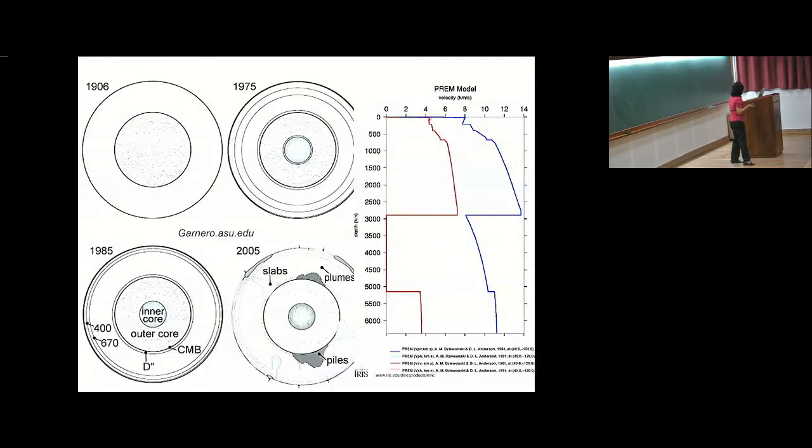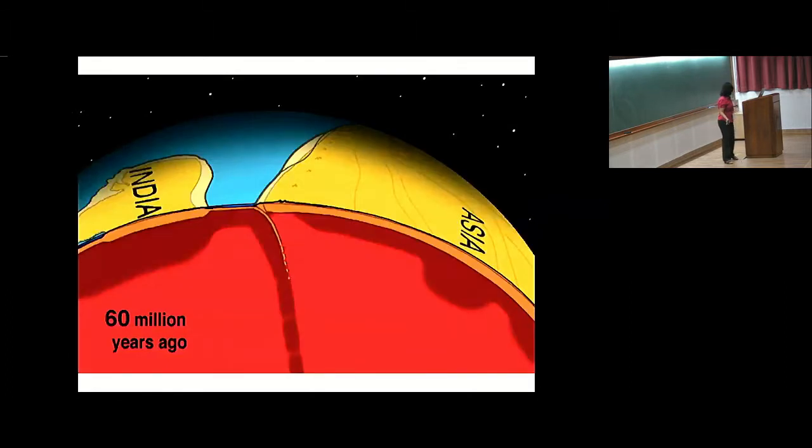So I'll show you an animation. Okay, so this animation starts at 60 million years before the present, okay? And what I'm showing you here is a vertical profile of the Earth taken along a north-south direction.